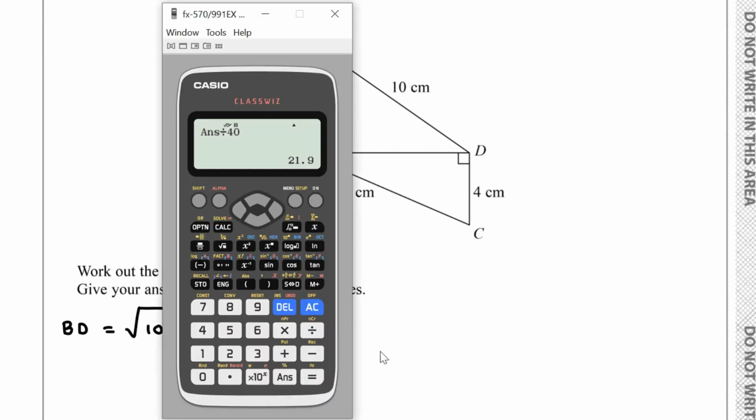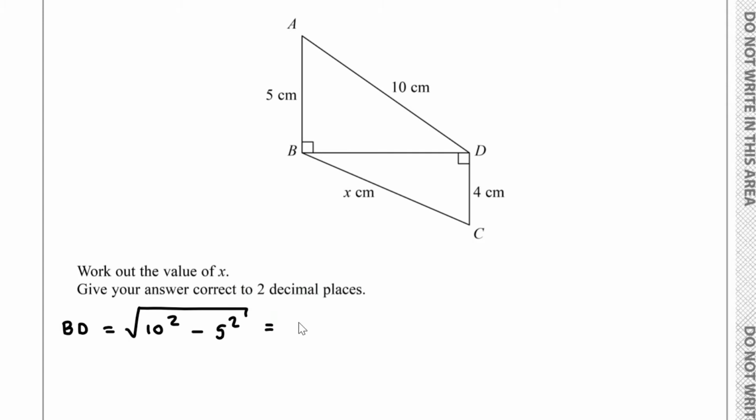So if we work this out, we have the square root of 10 squared, take away 5 squared, which is 5 root 3. Let's add this here. We have 5 root 3 centimeters.